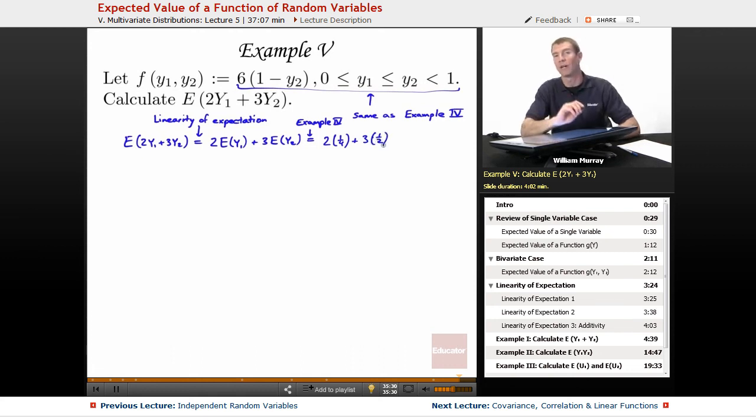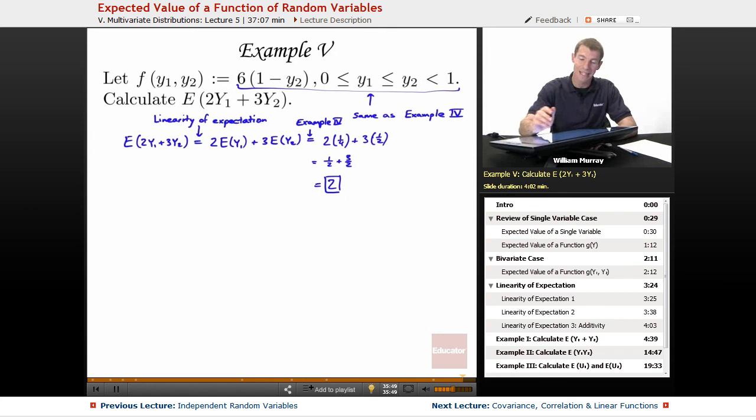So go back and watch example 4 if you aren't sure where those numbers are coming from. So this is 2 times 1/4 is 1/2 plus 3/2, and that's just 4/2 or 2. So we got an answer right away. We didn't have to do another double integral.